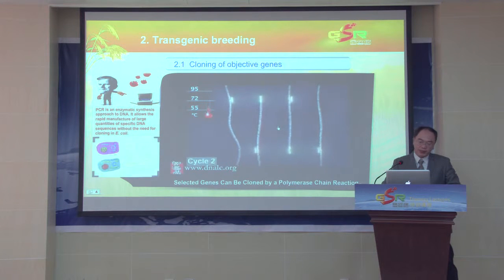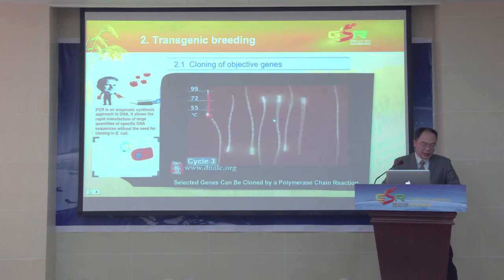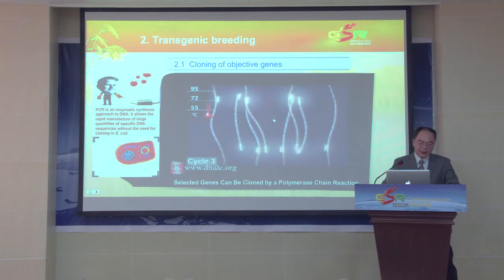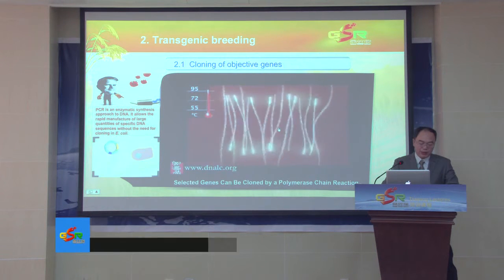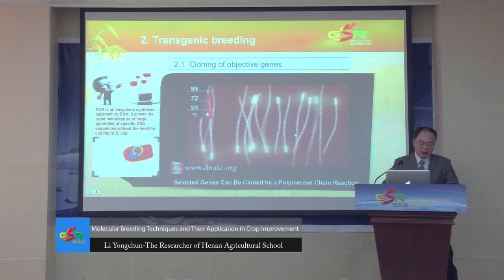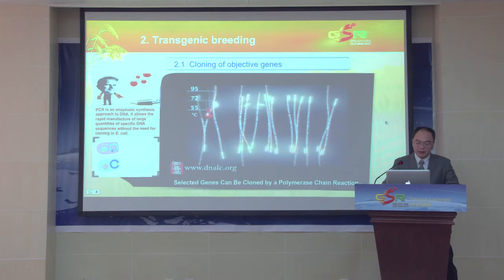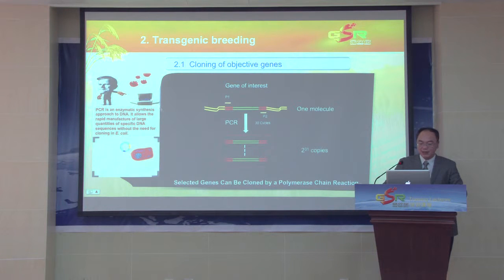This is the first cycle of the PCR. After 30 cycles, as many as a billion copies of a target sequence are produced from a single starting molecule. Okay, just now we showed the detailed working mechanism of a PCR machine.